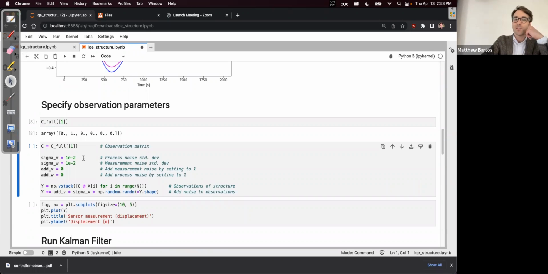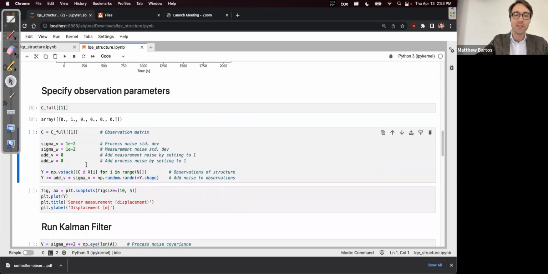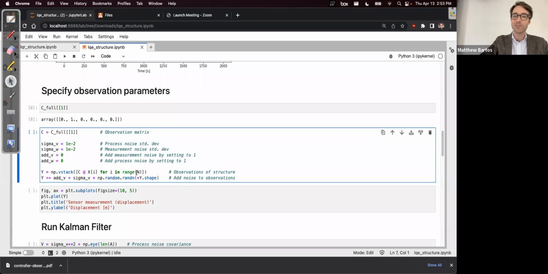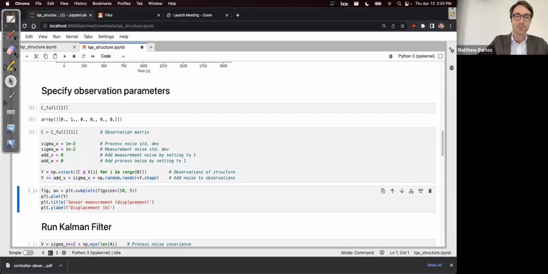I've set the process noise standard deviation to 1 × 10⁻², and I've set the measurement noise to be equal to 1 × 10⁻². Here I'm generating some observations of the structure's movement. So this is observations of the ground truth movement of the structure that we're going to use for our sensor data.